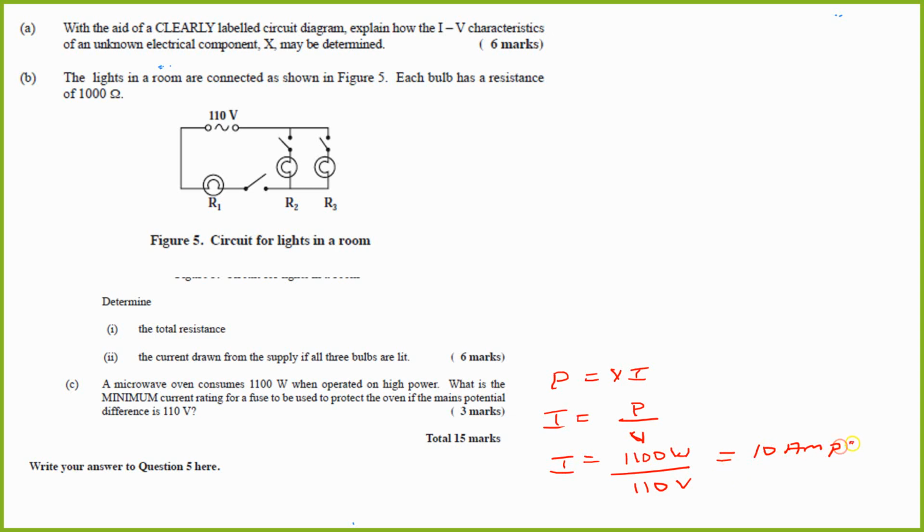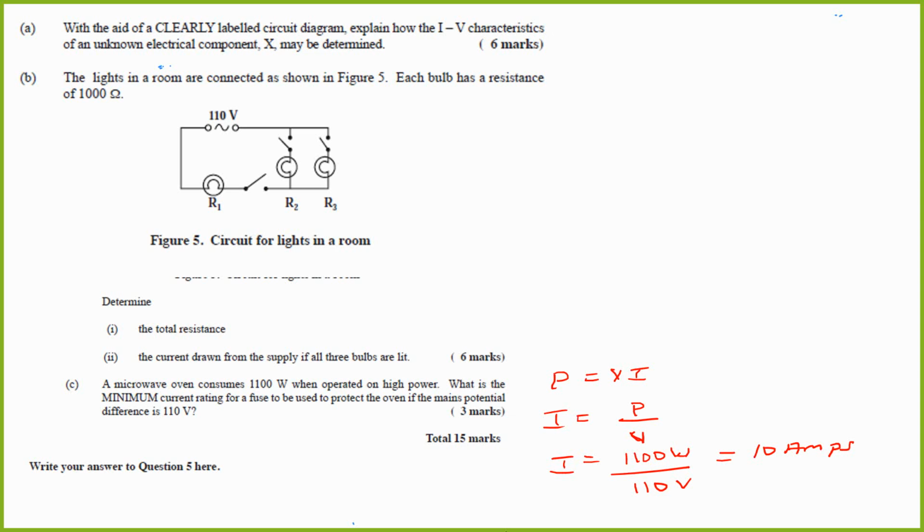At the end of the day, the current rating that you would want, the minimum current that you would want to use to operate the fuse, would be a 10 amp rating type of fuse. That's the safest value we can use here, right?